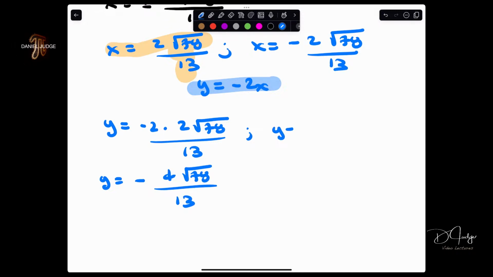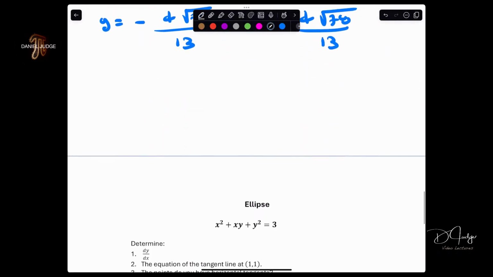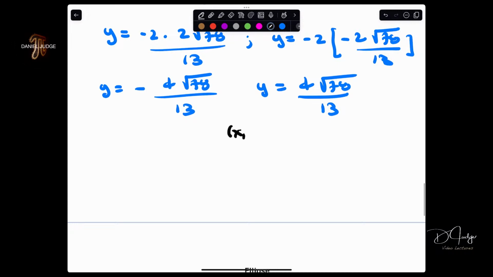Similarly, since y is negative 2 times x, what happens when this x is negative? Well, it's going to give you positive, right? So y is going to be 4 square root of 78 over 13. So if you're talking about points again, do we have any? We need x and y, right?